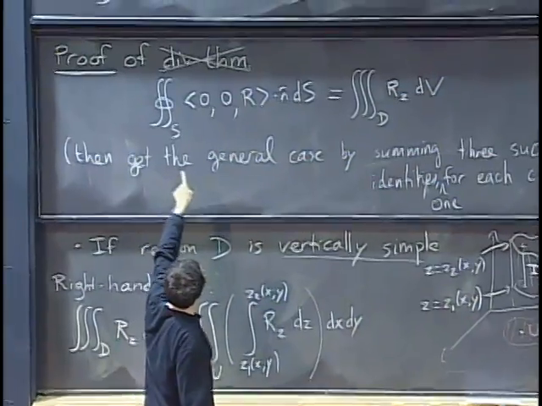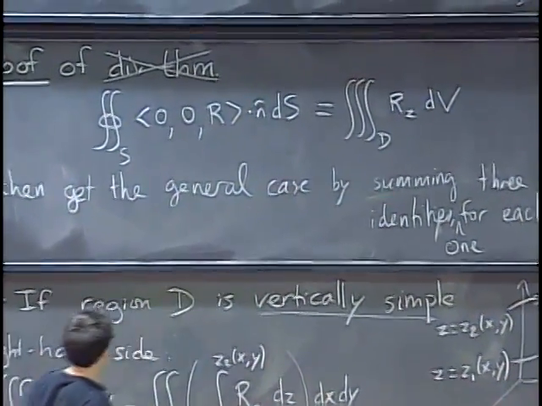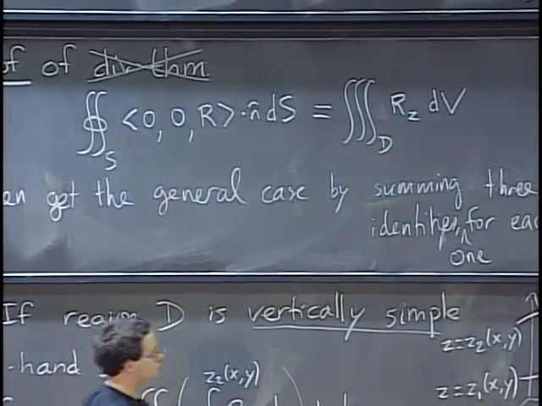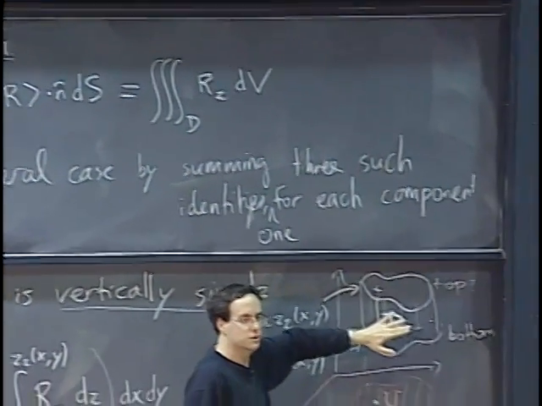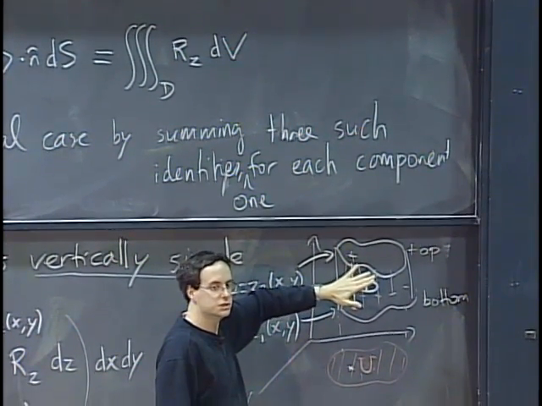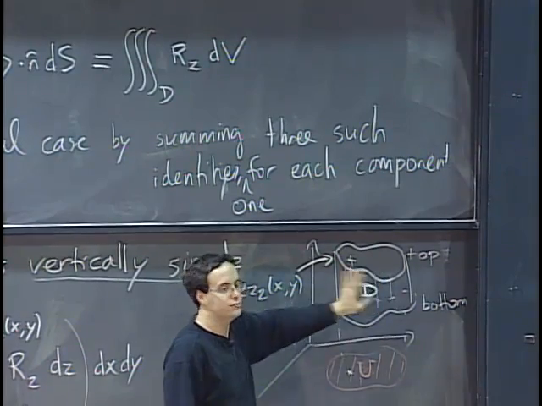We have to look at the flux of this vector field through the entire surface S, which is the whole boundary of D. That consists of a lot of pieces, namely the top, the bottom, and the sides.